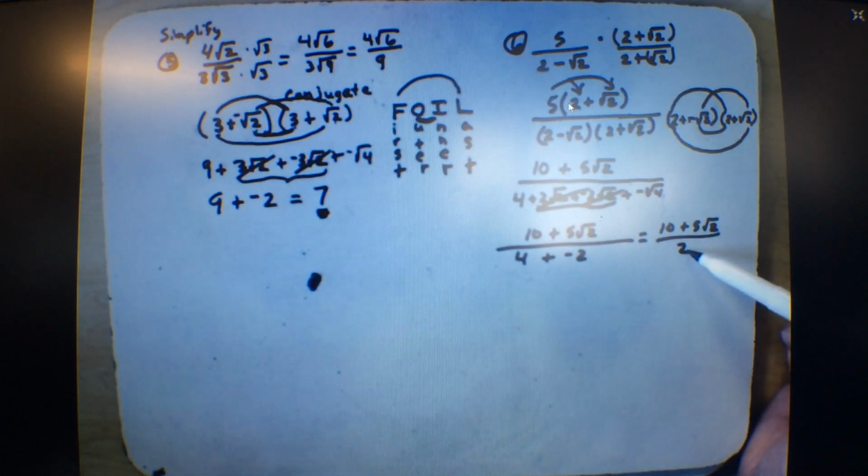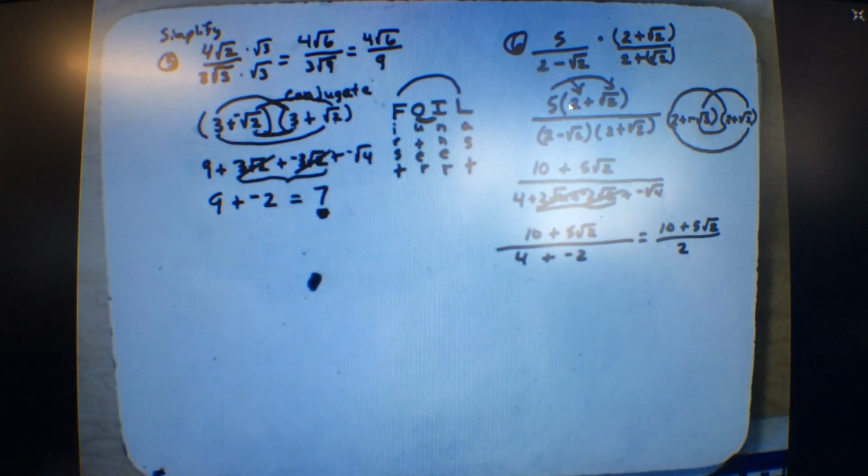But 5 and 2 do not. 5 and 10 have something in common, but still 5 and 2 do not. Therefore, you cannot simplify this. If this was a 6, you could simplify by dividing all 3 numbers by 2. It has to be all 3 numbers. Okay. All right? Now, we'll get to more of that in a little bit.